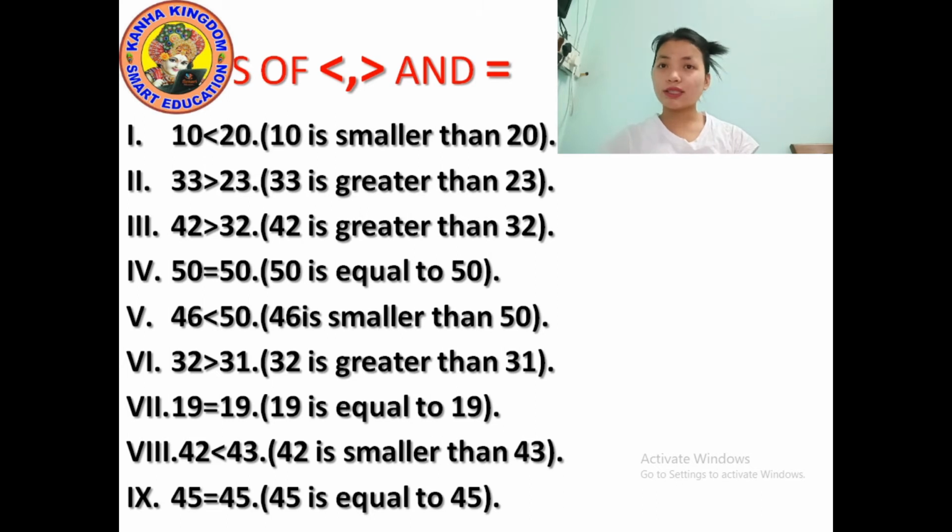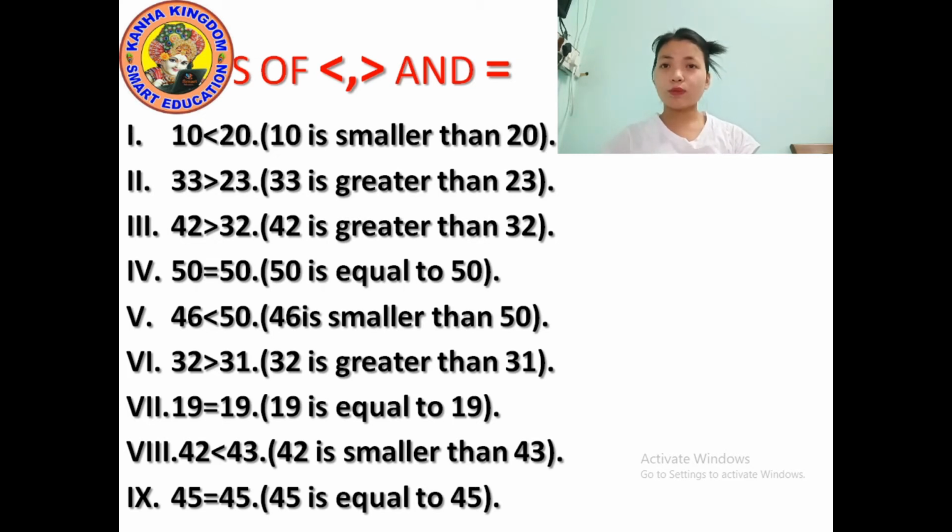We all know that 32 is greater than 31, but if we write "is greater than" it will take a lot of time, so we may write in short form, that is the symbol of greater than. We use the symbol of greater than in maths. See, 32 is greater than 31.